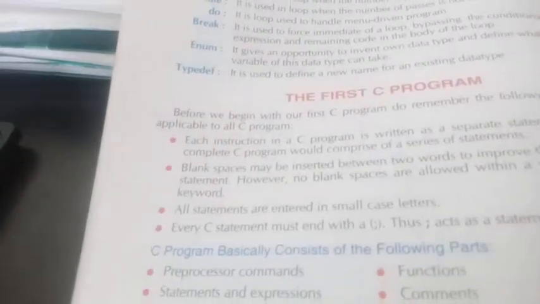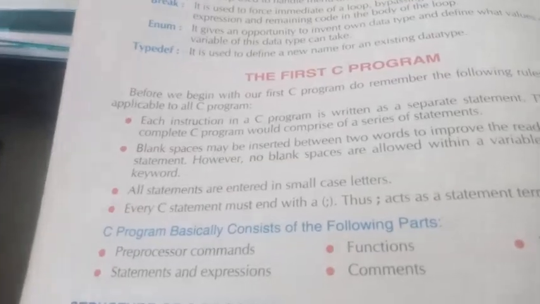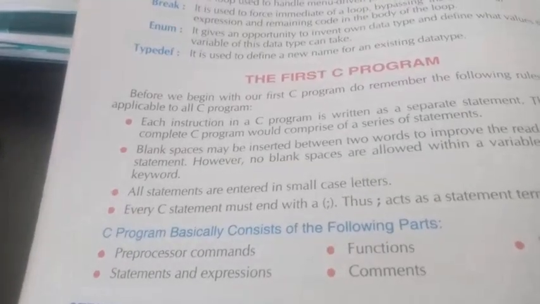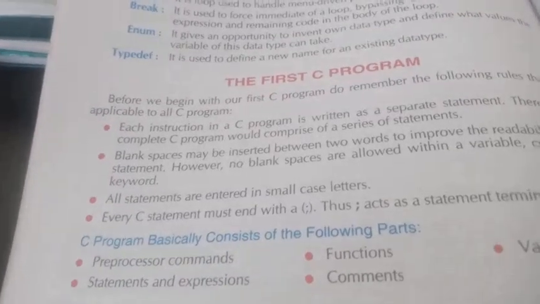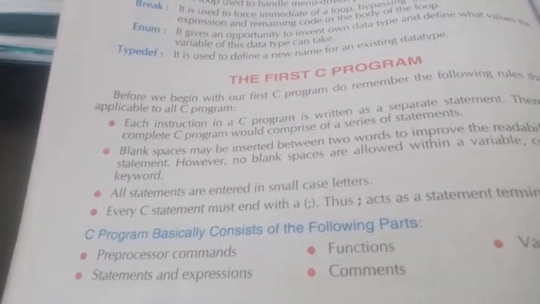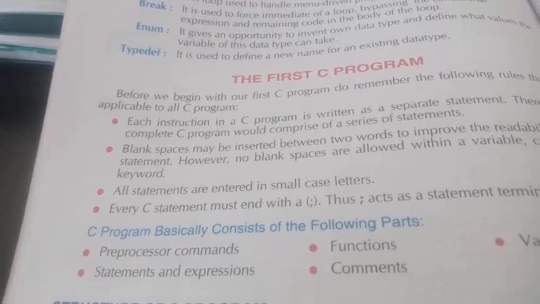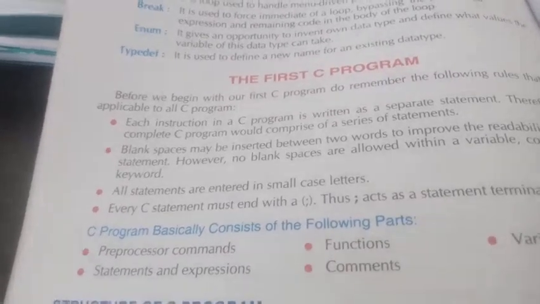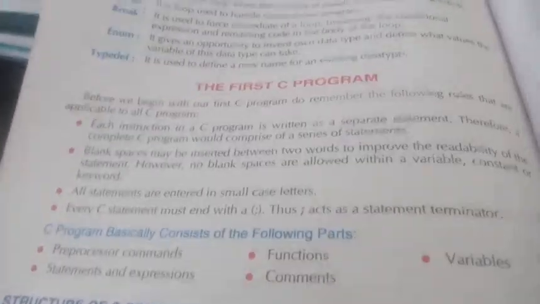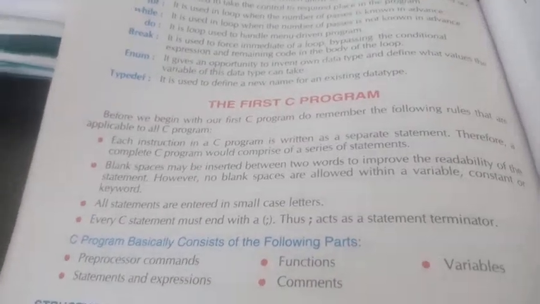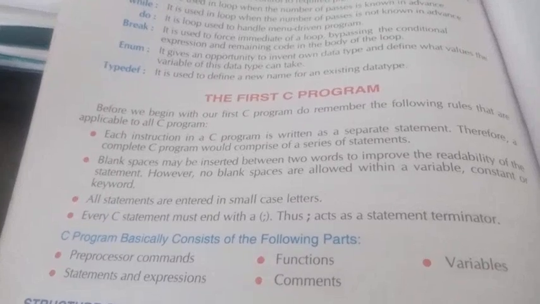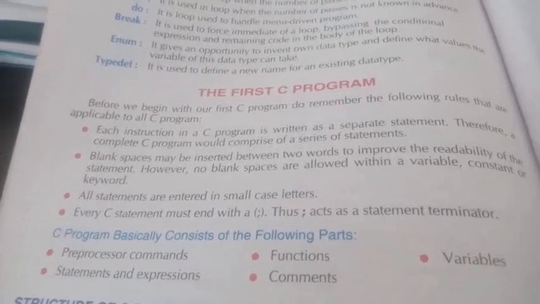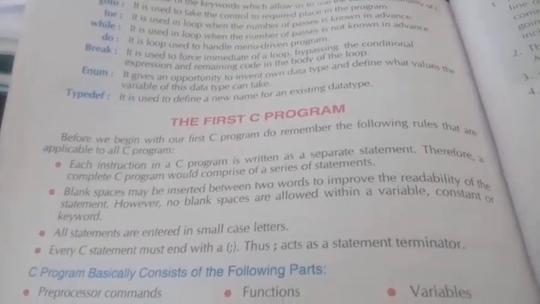And this is the first C program. Each instruction in a C program is written as a separate statement. So in C programming, lots of statements are available, and all steps have a particular task. Okay, so blank spaces may be inserted between two words to improve the readability of the statement.